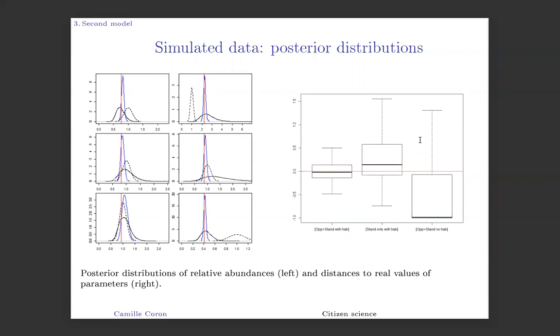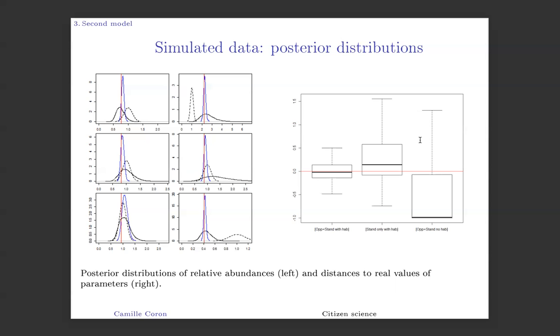So you also see the reduced variance when combining both data sets, as we had previously. And finally, in the dotted black lines, these are the posterior distribution of the relative abundances when we neglect the habitat structure, whereas the data were simulated assuming habitat structure. So obviously, it's not a good result.